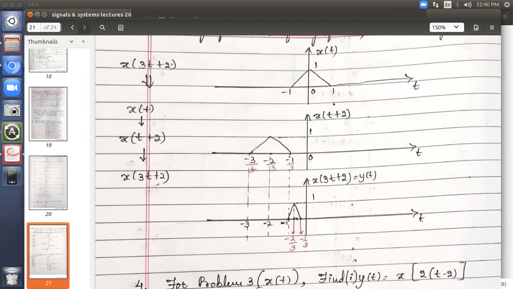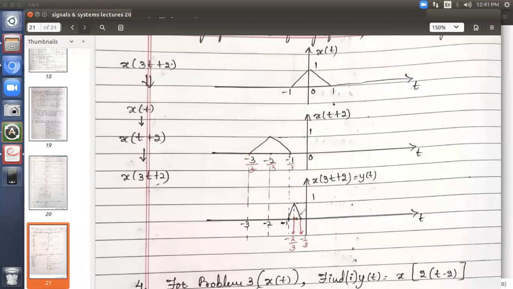What is the amplitude here? In between -1 to, what is -2 by 3? 0.66 probably. Yes, 2 by 3 is 0.66, right? 20 by 3: 3 ones are 3, 3 sixes are 18. So it is minus 0.66. Somewhere here you mark 0.66.